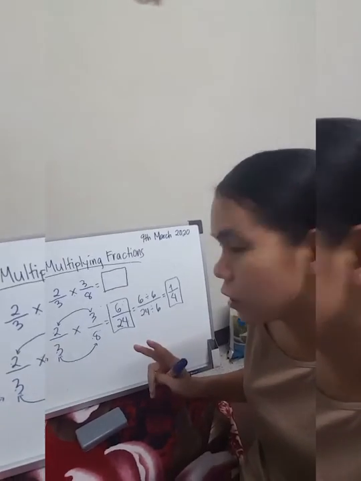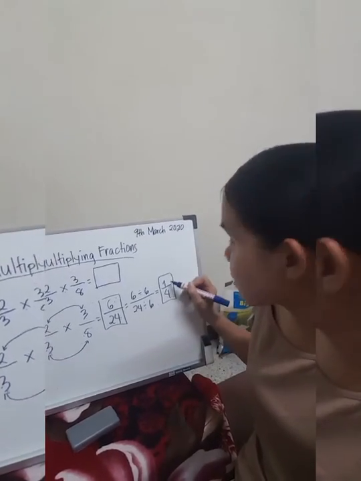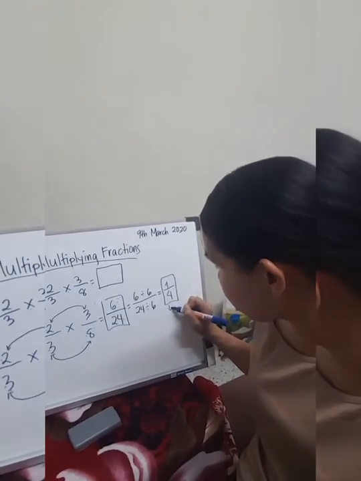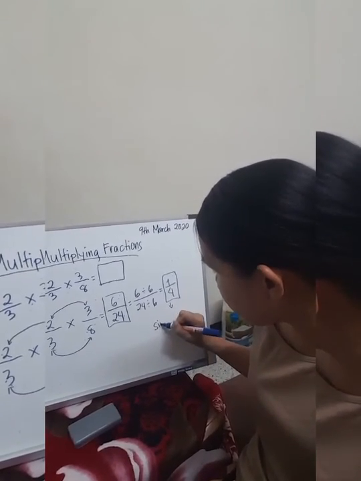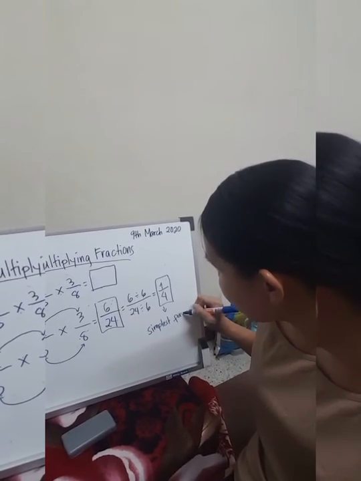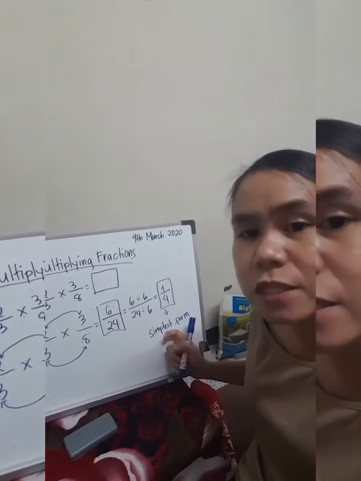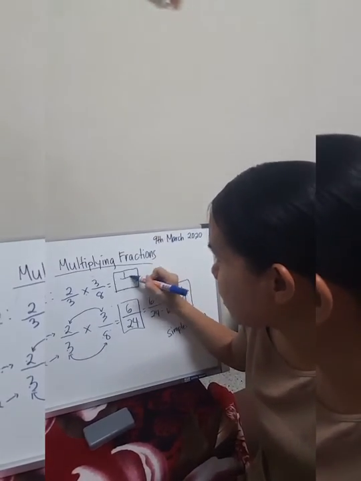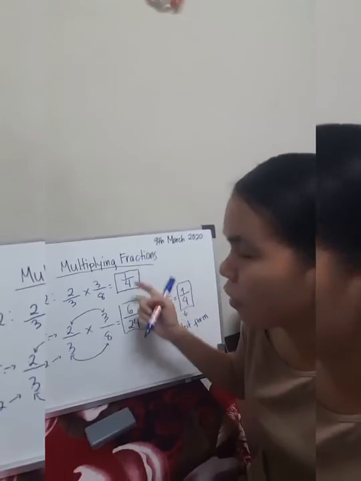But the final answer is 1 over 4 because this is what we call simplest form. Your answer is in the simplest form. So you got the answer here, 1 over 4.